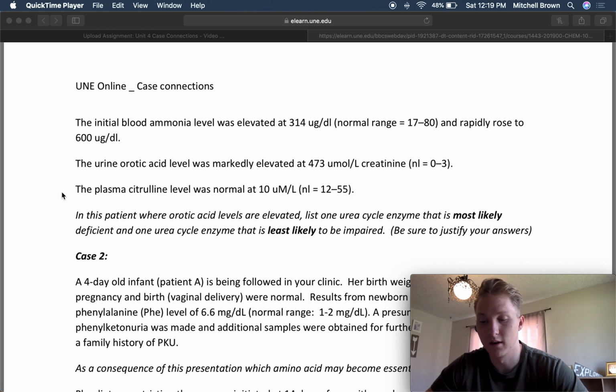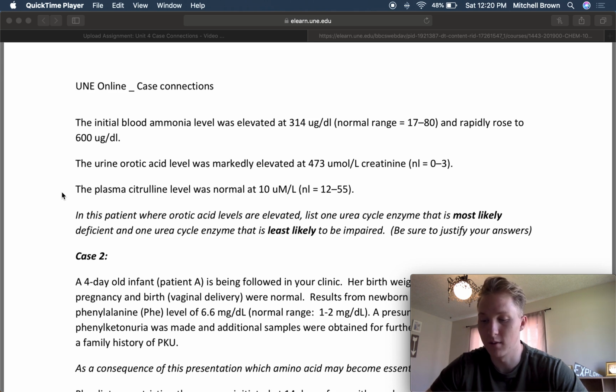This would imply that our carbamyl phosphate synthetase 1 is active and not impaired, so that answers the second part of our question. These high levels would also indicate that ornithine carbamyl transferase is deficient and is not converting carbamyl phosphate to citrulline. So this answers the first part of our question, our deficient enzyme.